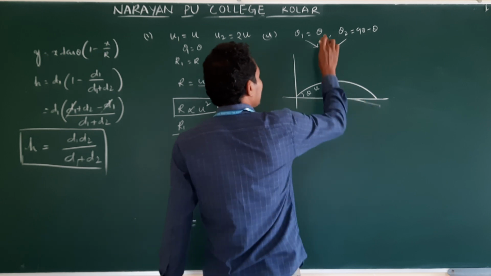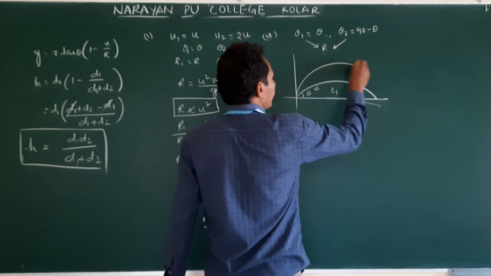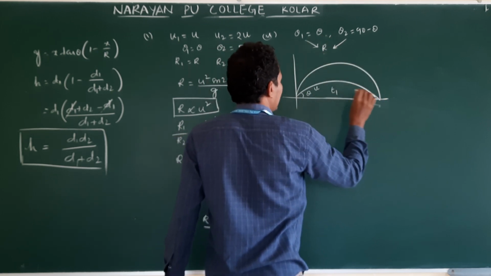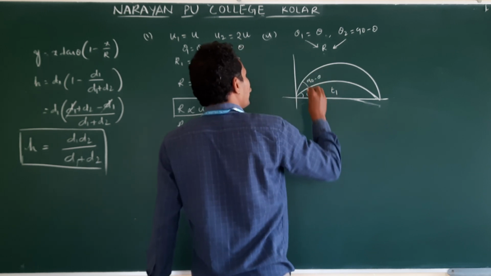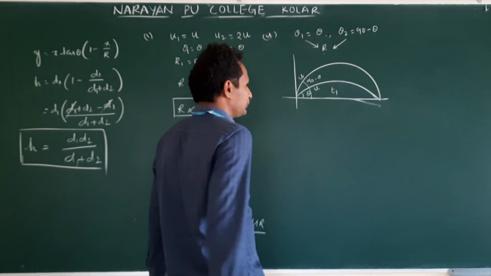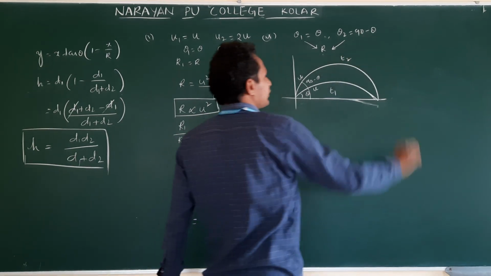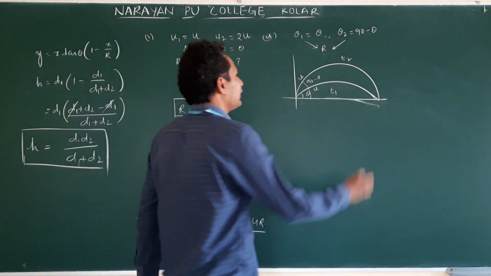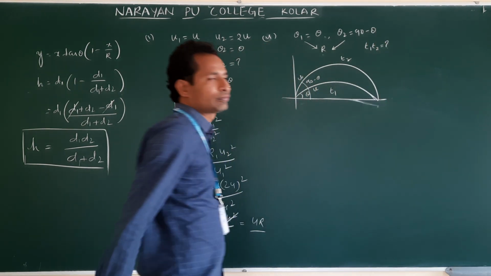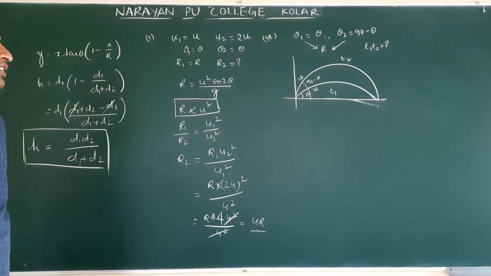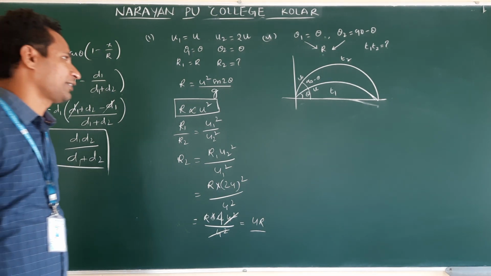Next they say range remains the same. The other angle will be 90 minus theta. For this also velocity is u and time of flight is T2. They are asking for the product T1 T2.